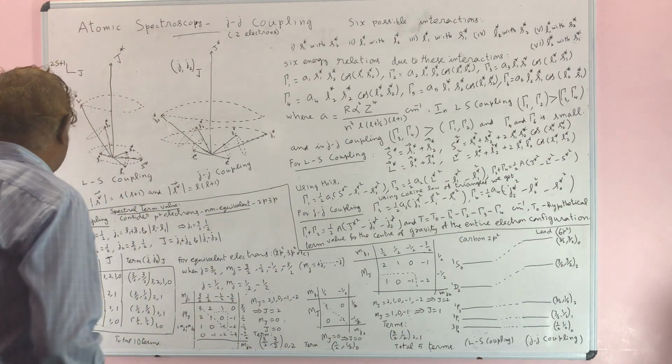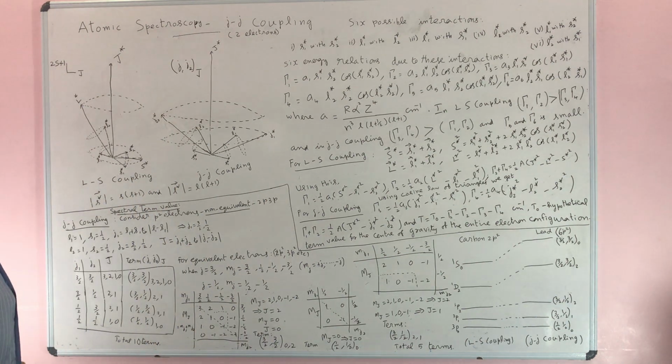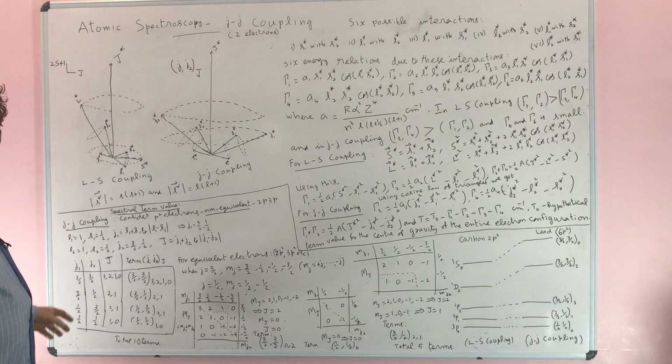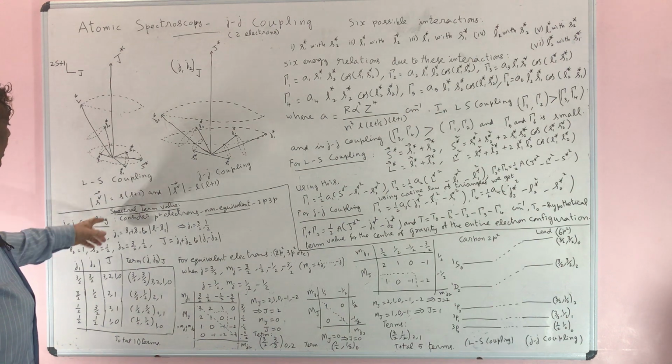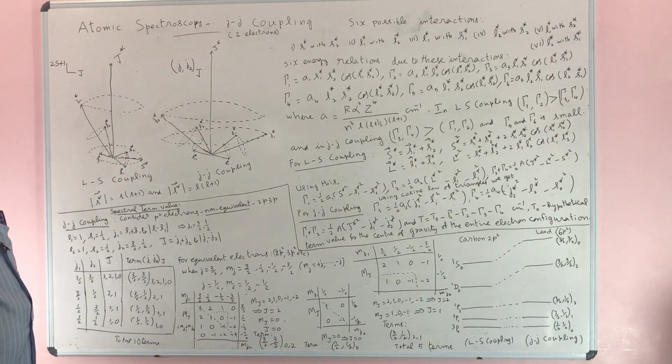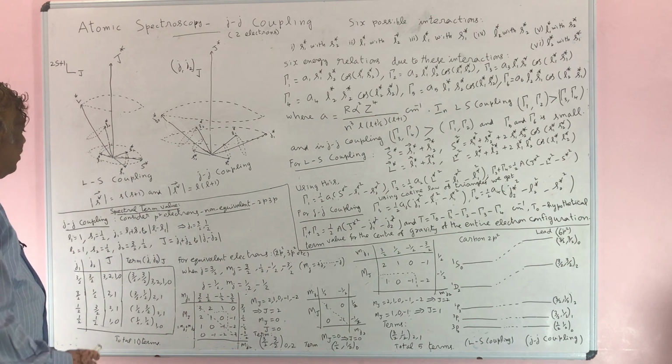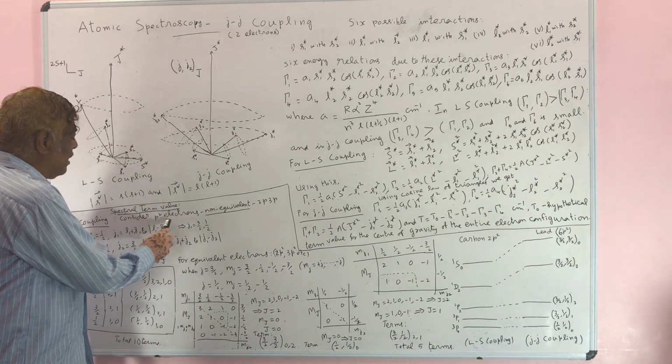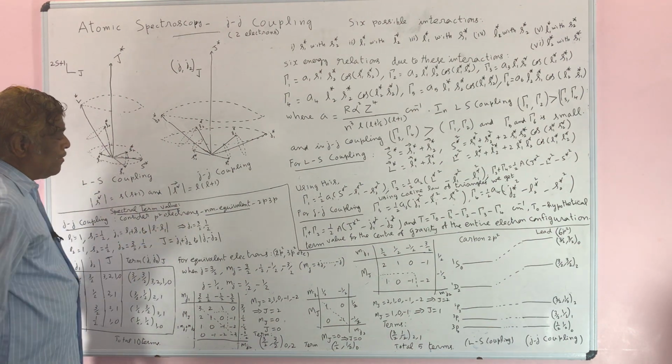Now here we are focusing on how to find the spectral term values for two electron systems. For example, let us consider p2 electrons.